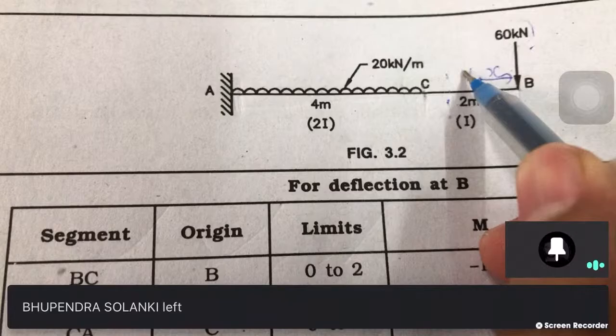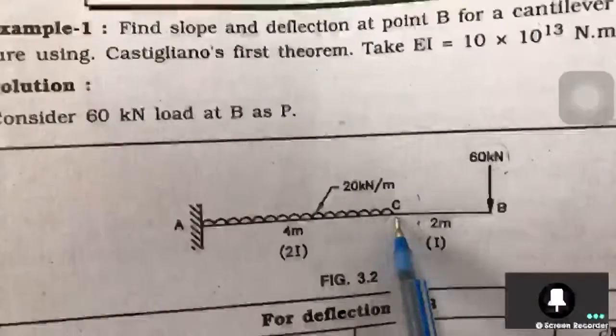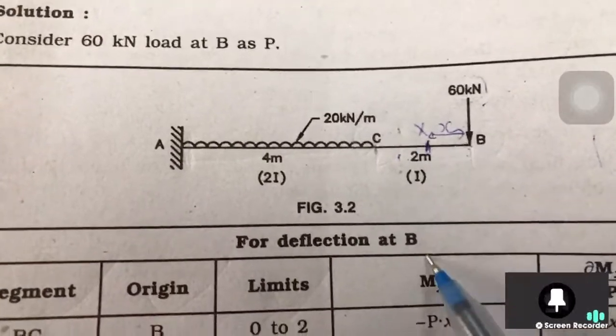In a cantilever, we know the bending moment is calculated from here, so it would be 60 into x, minus 60 because it is in the downward direction. So minus 60 into x would be the moment.